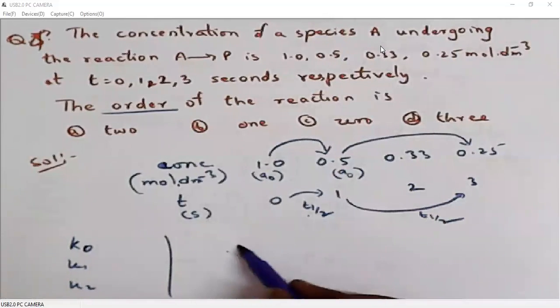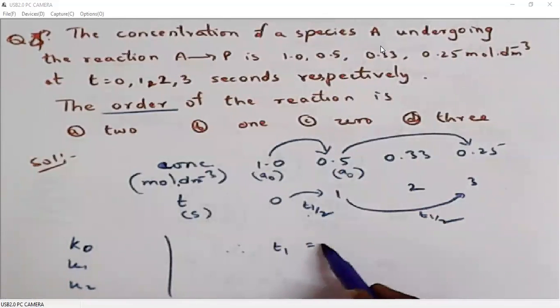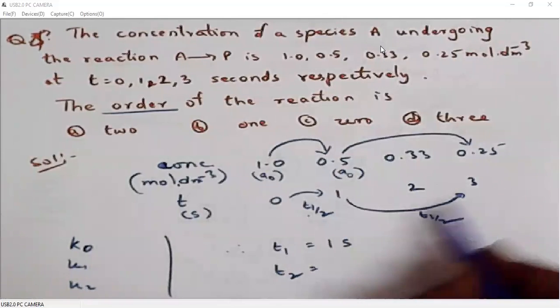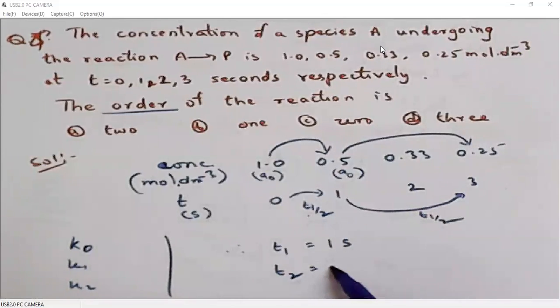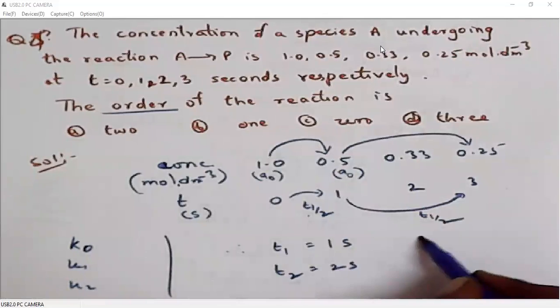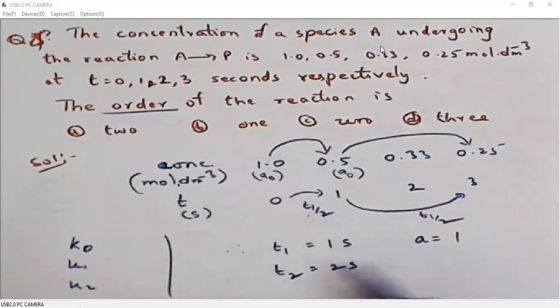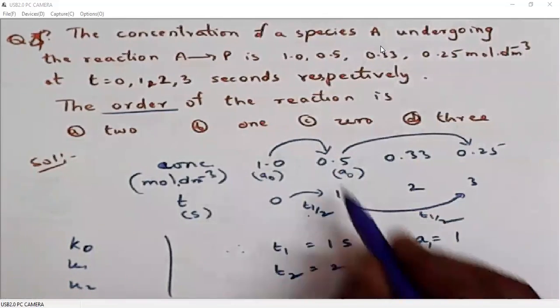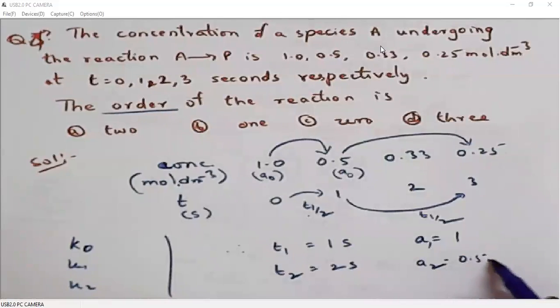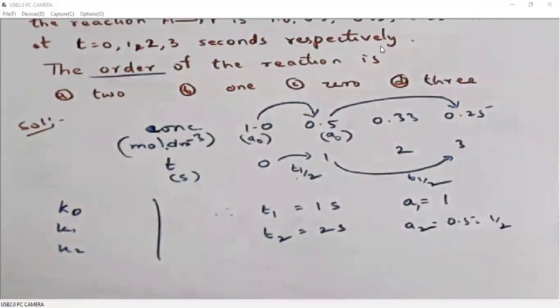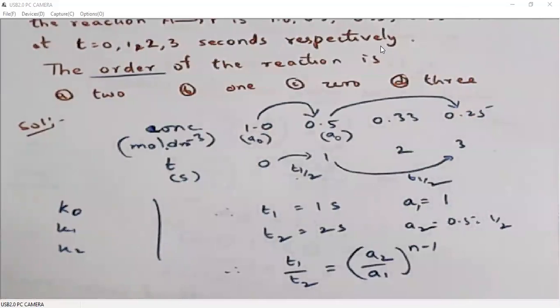Therefore, from this we can write half-life of first reaction is 1 second. Half-life of second reaction, it is 1 to 3. So that means 2 seconds. Initial concentration is 1 for the first one. For the second one, initial concentration is 0.5. So that is 1 by 2. Now we will substitute this data into nth order half-life expression, A2 by A1 whole power n minus 1.